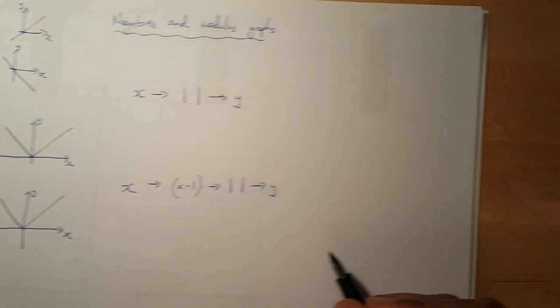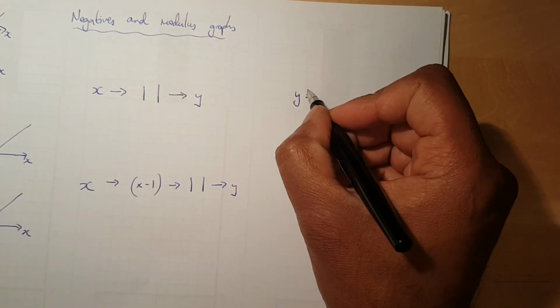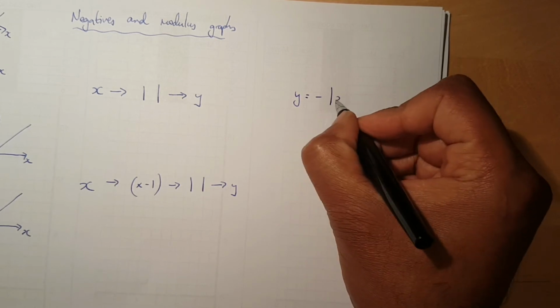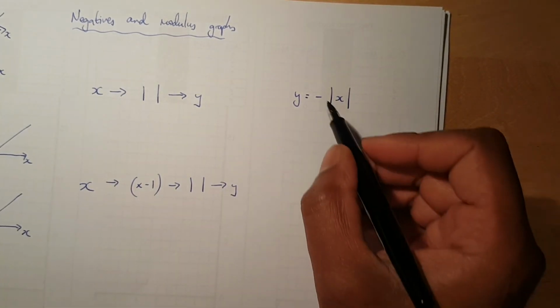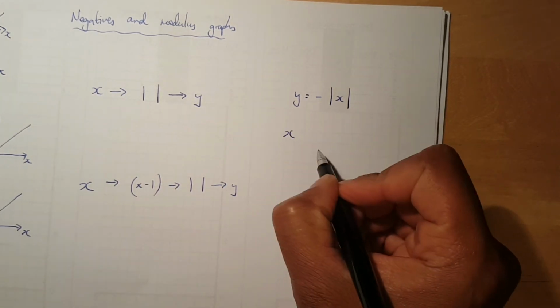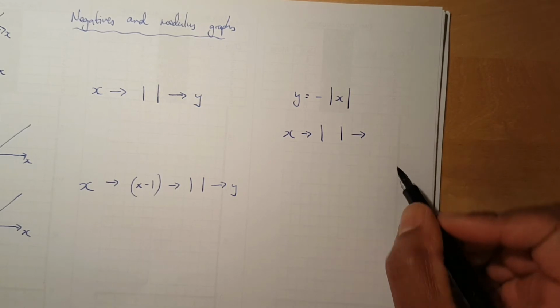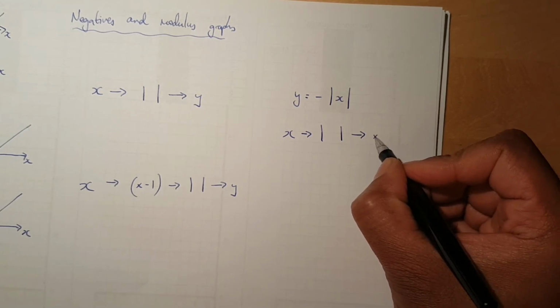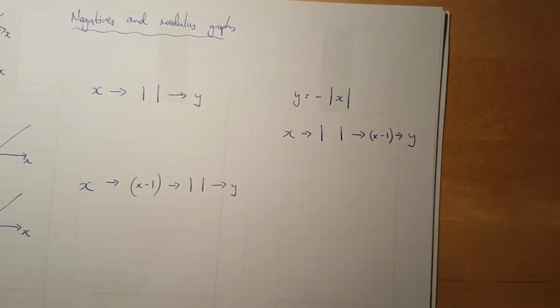But if I have a different graph, something that looks like y equals negative of mod x, then in that case, I am taking my x value, I'm finding its modulus, or magnitude, I'm then negating it, timesing by -1, and then putting out a value of y.